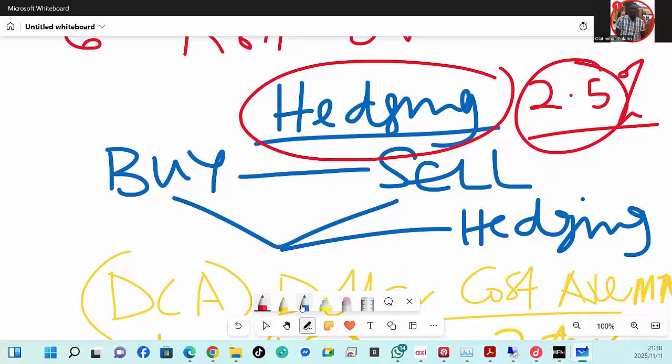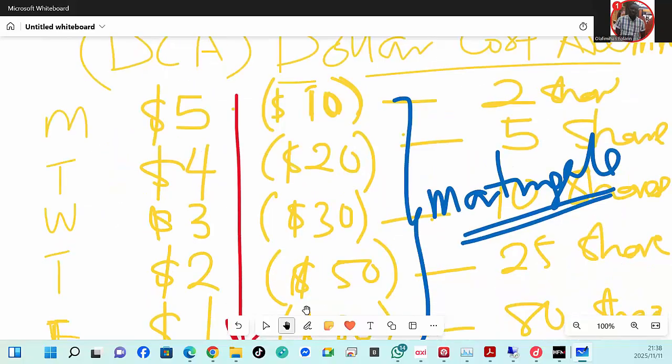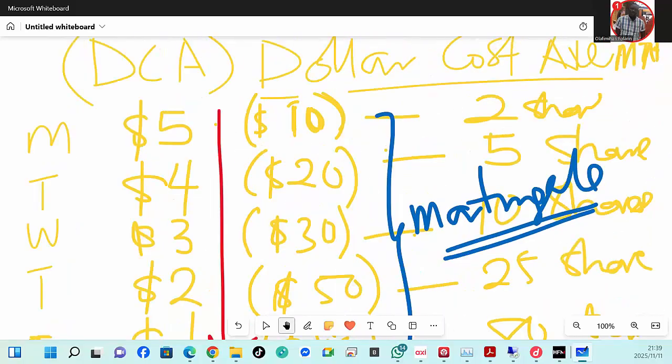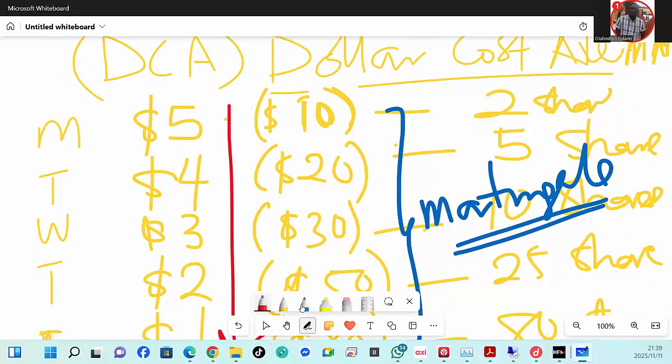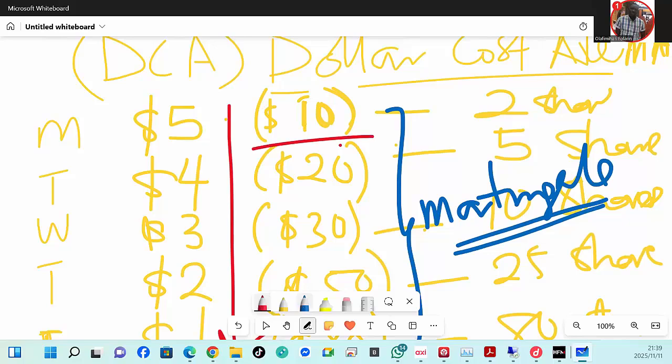Okay, so if you look at what I did here now with dollar cost average, I've used it to explain martingale. So I won't talk about martingale again because martingale is doubling of the odds while betting. You see, we double it from 10, 20, 30, 50, and so on and so forth.